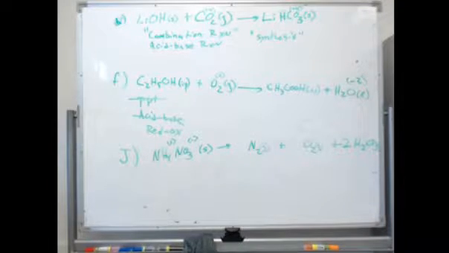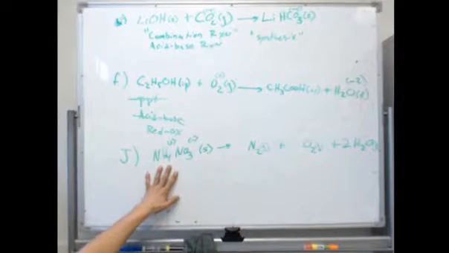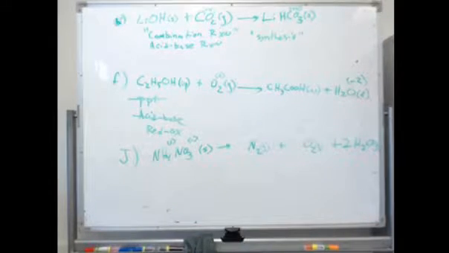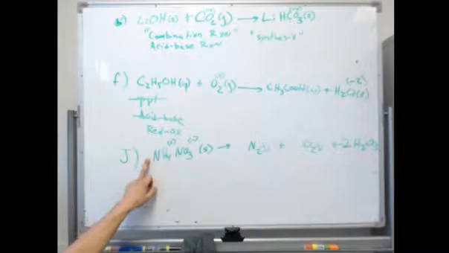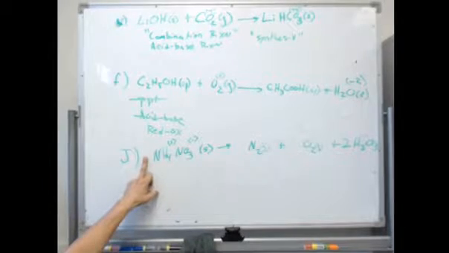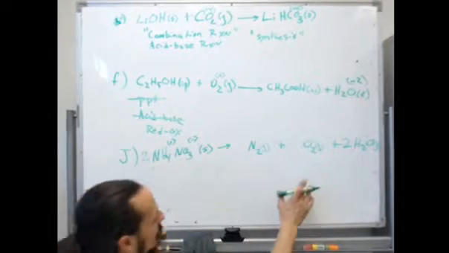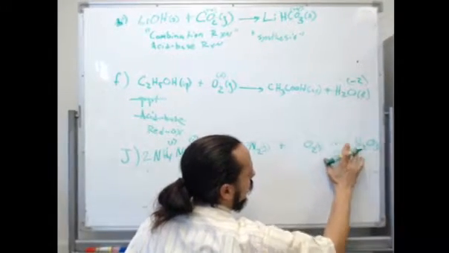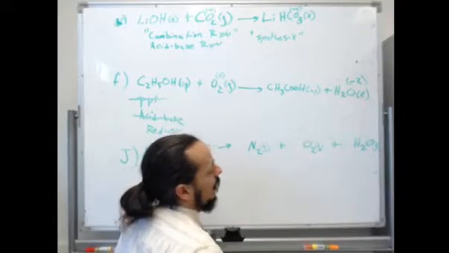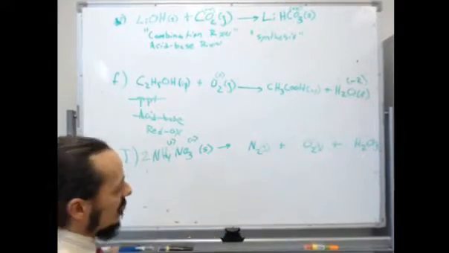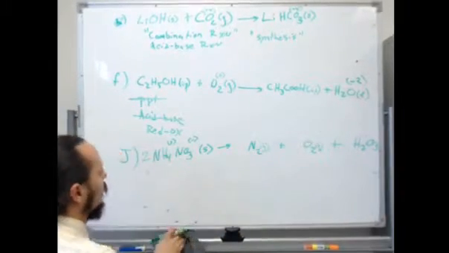So now I have to start thinking about how I can double things. Now, clearly the biggest problem in this balancing is going to be the NH4NO3 to the H2O. And if I have an even number here, I want an even number there. So if I put a 2 here, then I'll want to put... that's going to give me 6 oxygens.